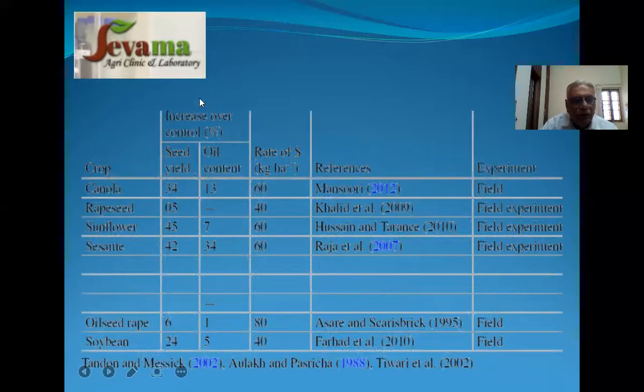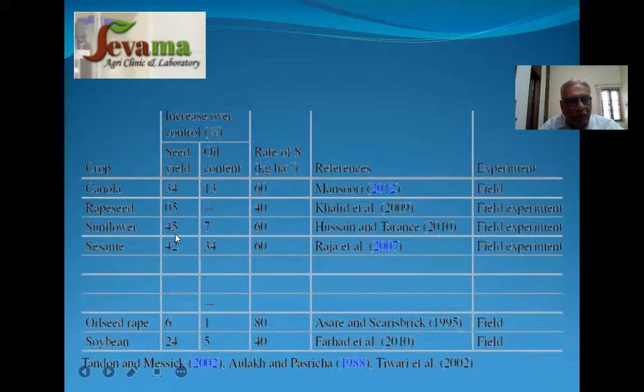Here, you can see the increase over control in seed yield and oil content, and here the rate of sulfur in kg per hectare. In canola, there is an increase of seed yield 34% and oil content 13%. Similarly, in rapeseed, seed yield increases 5% by application of 40 kg sulfur per hectare.